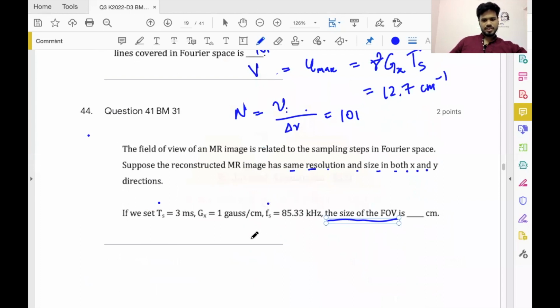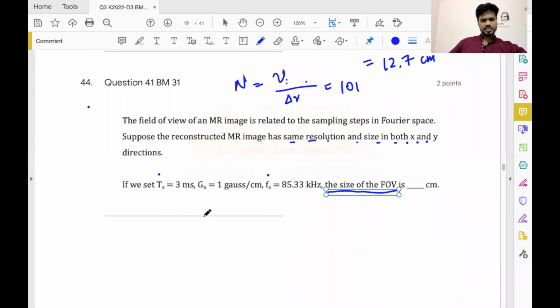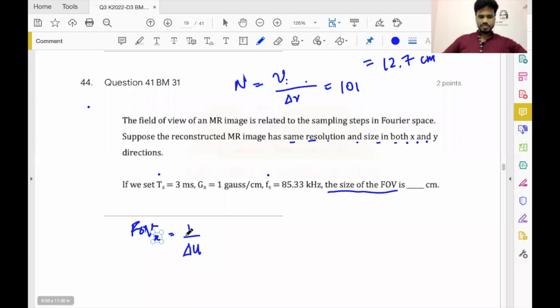So what we need here is, we know the field of view in the x direction is 1 over the spatial frequency. Okay, so we have the field of view in the x direction and the field of view in the y direction. The field of view in x direction is 1 over the change in spatial frequency in the x direction, right? Similarly, the field of view in y direction will be 1 over del v, the changes in the y direction.